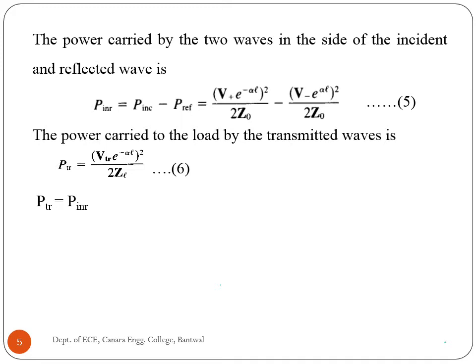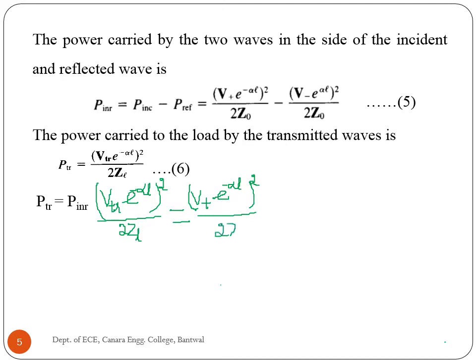We get VTR e to the power minus alpha L, whole square, divided by 2 ZL, is equal to V plus e to the power minus alpha L, whole square, divided by 2 Z naught, minus V minus e to the power alpha L, whole square, divided by 2 Z naught.